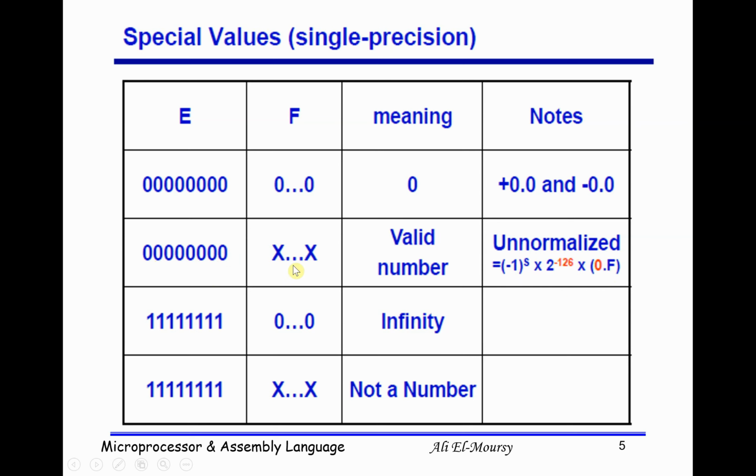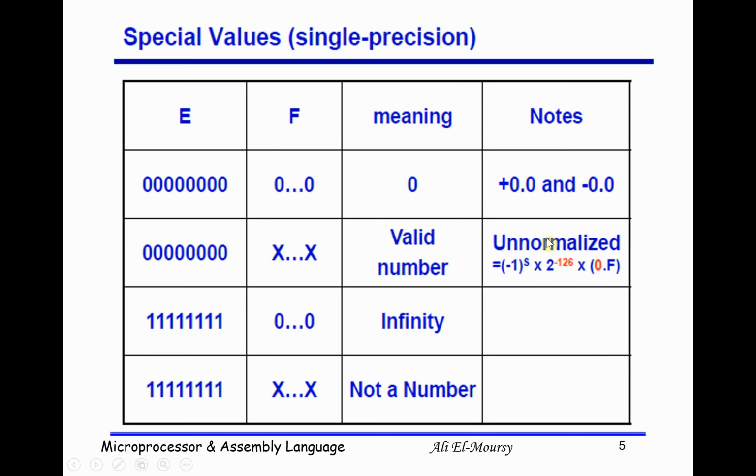This means that you have to take the fraction directly as it is shown here, and do not add the 1. It actually means this fraction is a 0-point fraction. Don't add the 1 and don't do the unbiasing. It automatically means that the exponent has the value minus 126.